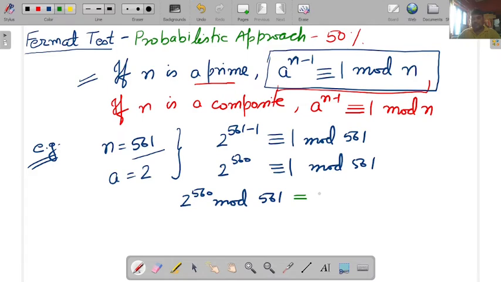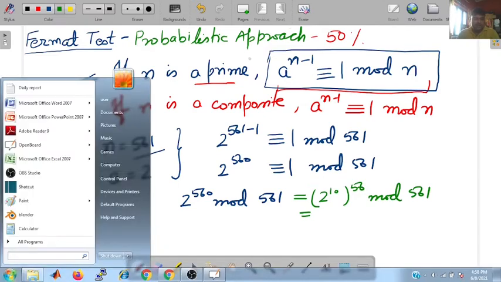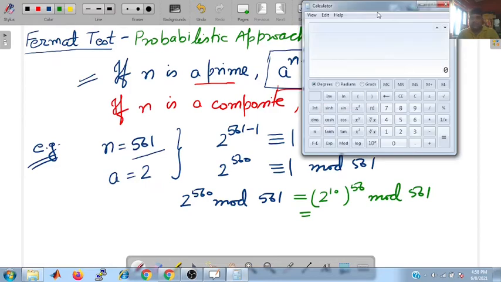Let's solve this: 2 to the power 10 into 56, mod 561. What is 2 to the power 10? It is 1024. For that we will move to the calculator.